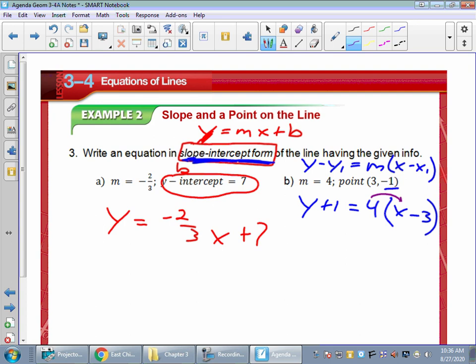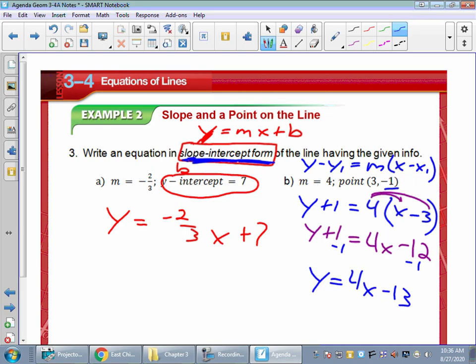So 4 times x is 4x. 4 times -3 is -12. And I just bring this y plus 1 down. And now I just have to bring that 1 over to the other side by subtracting it, and I've got my final answer of y equals 4x minus 13 in slope-intercept form.